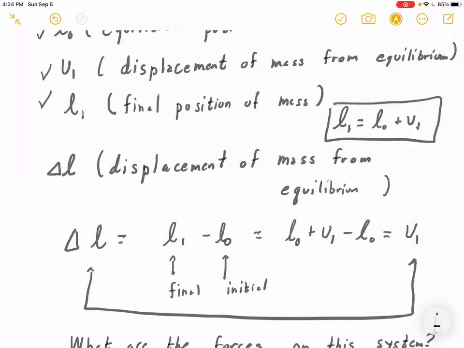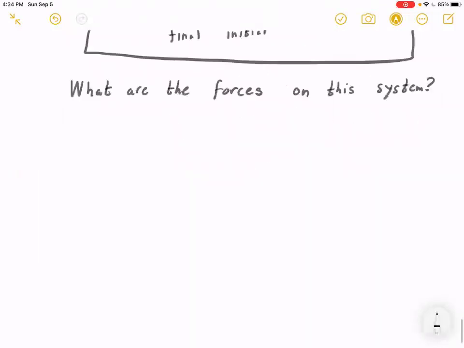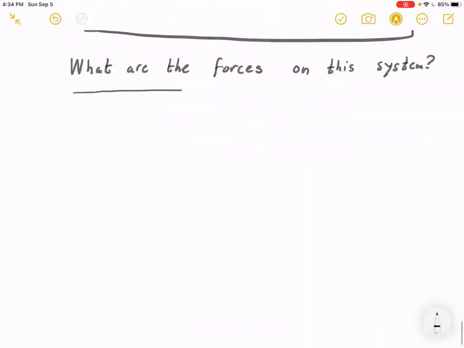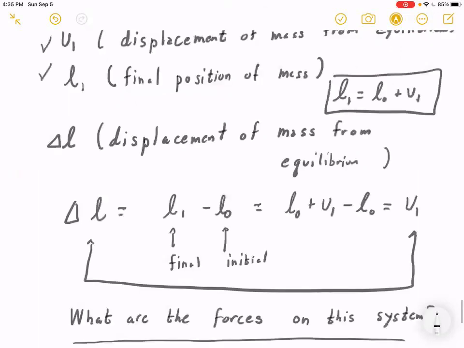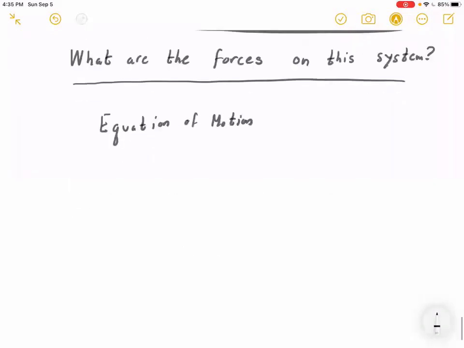I saw that was true from the diagram here. Okay, so I know my displacement of the system from equilibrium. What are the forces on this system? Well, I can write down Newton's second equation of motion.